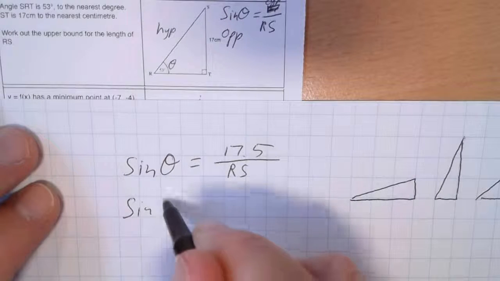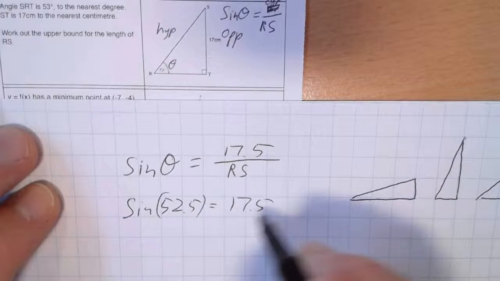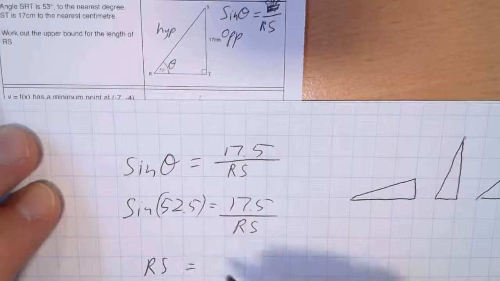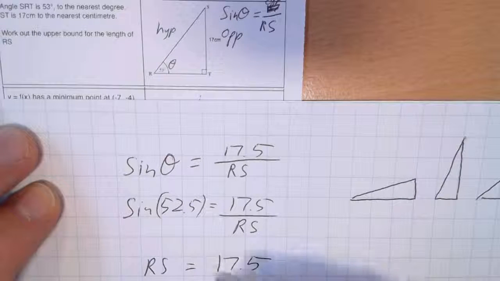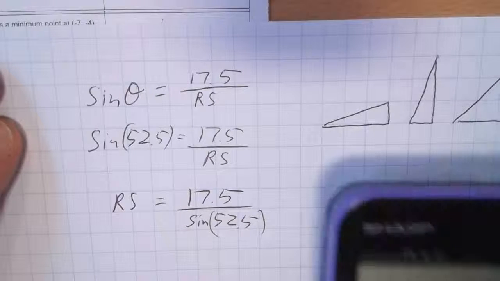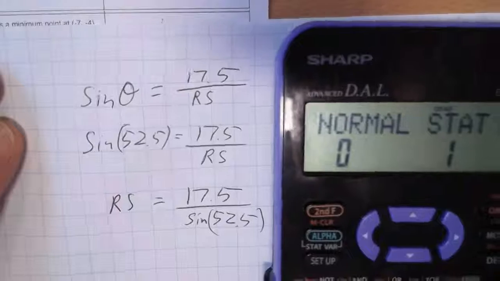So I'm going to do sine 52.5 equals 17.5 over RS. So RS is going to be 17.5 over sine 52.5. Put that in my calculator. I've not got a very good calculator here, but you guys do. Someone's stolen mine.